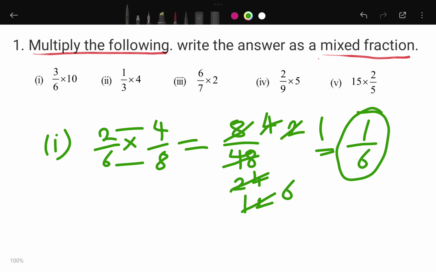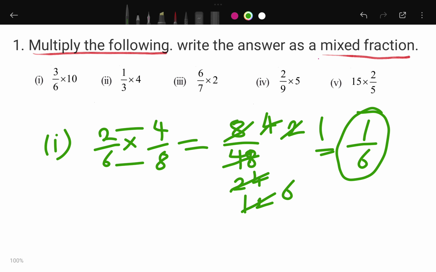So by this way we can do it. Otherwise there is another way also, and I will teach you that one too. But first of all, understand this one. Why is 8/40 not the answer? Because it can still be divided. 8 and 40 can both be divided by 2, or by 4 also. That's why it is not the final answer.